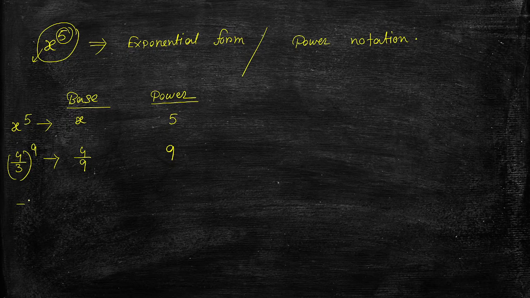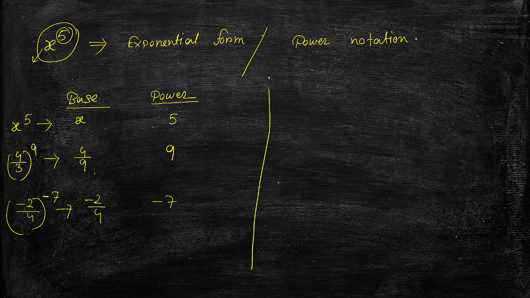Now if we take minus 2 by 4 to the power minus 7, base will be minus 2 by 4 and power will be minus 7. I hope this is clear. Now what does it basically mean? It means the product of the same number, as I said earlier.